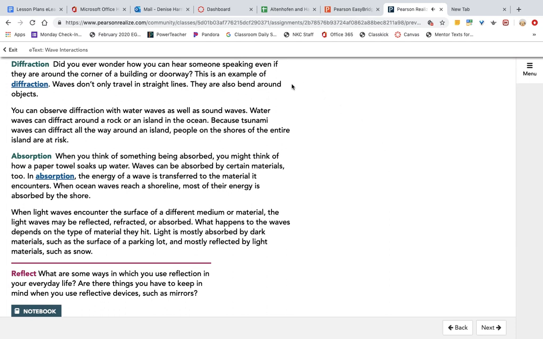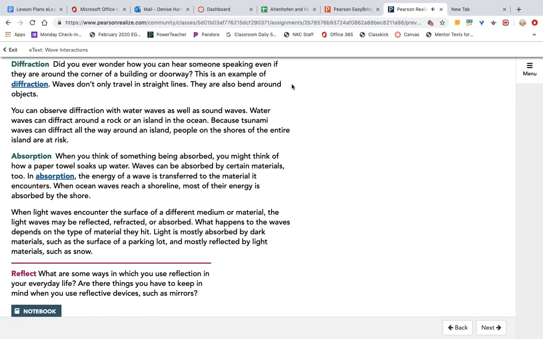This is an example of diffraction. Waves don't only travel in straight lines. They also bend around objects. You can observe diffraction with water waves as well as sound waves. Water waves can diffract around a rock or an island in the ocean. Because tsunami waves can diffract all the way around an island, people on the shores of the entire island are at risk.